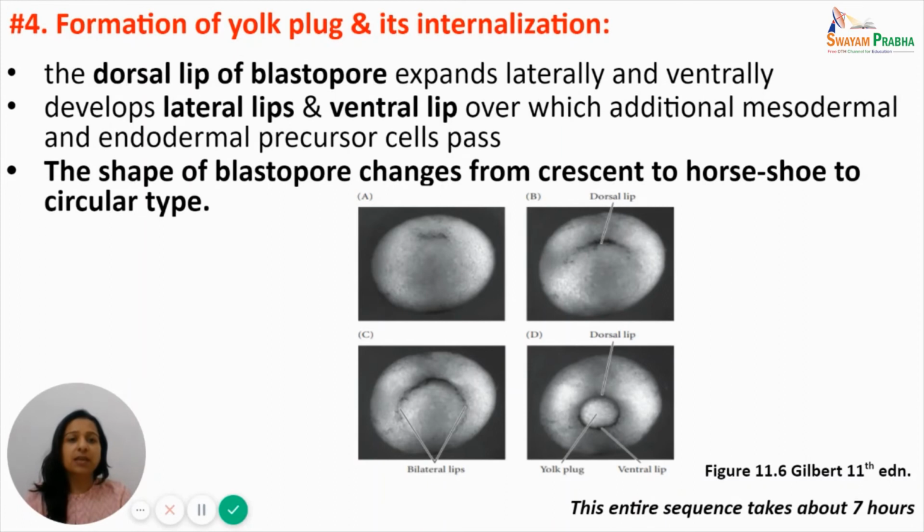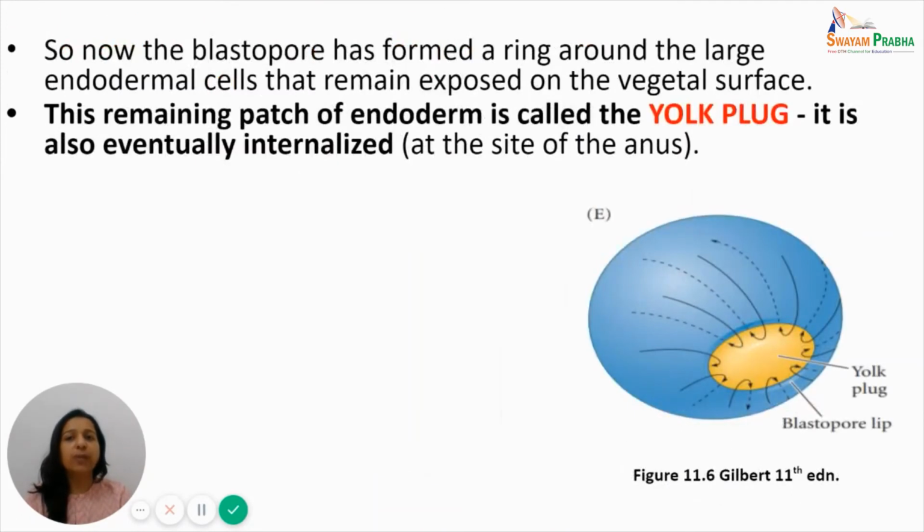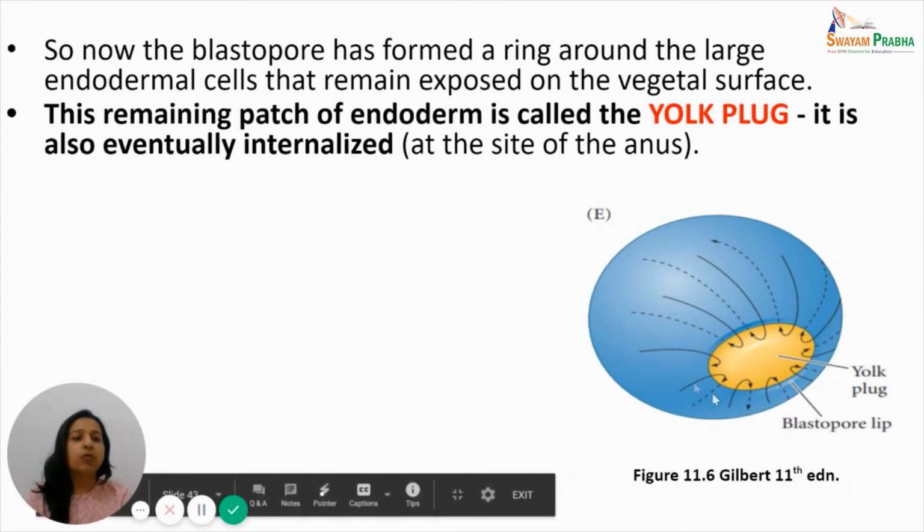After this complete circular shape of the blastopore is formed, it develops a sort of ring all around the endodermal cells. As we know, endodermal cells are shown yellow here, and they are all moving to the inside of the embryo, while the blue colored ectodermal cells are spreading over the entire embryo.